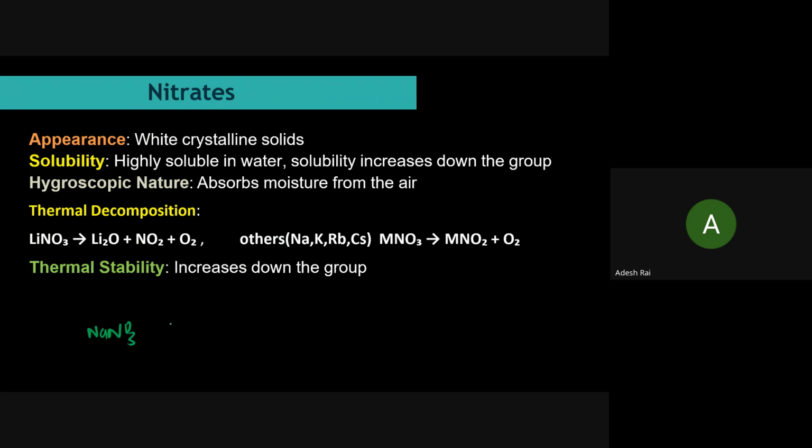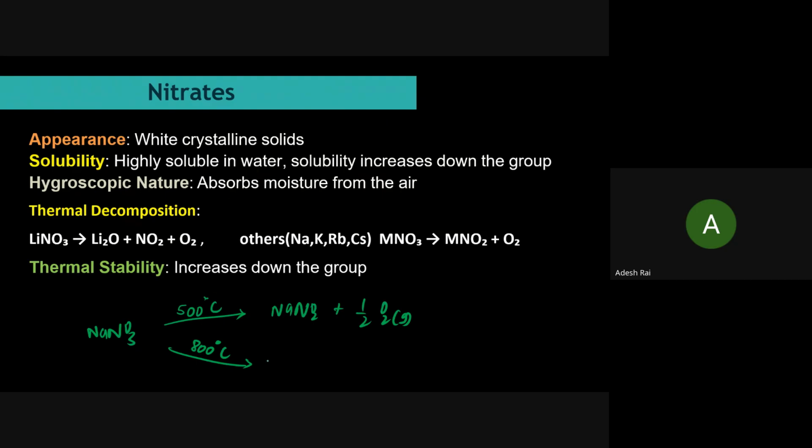When you heat it at 500 degrees Celsius, or when you heat it at 800 degrees Celsius, the temperature is not the same, so the product will also not be the same. At the lower temperature it forms NaNO2 plus half O2 gas.